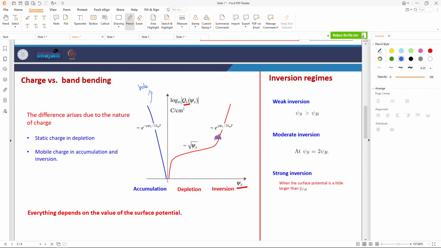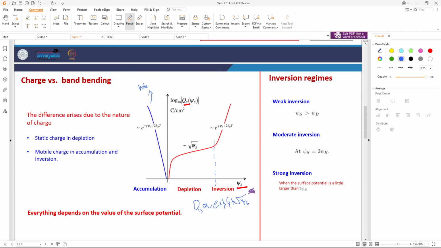That means in this region we will have Qs proportional to the exponential of some constant times square root of psi s.